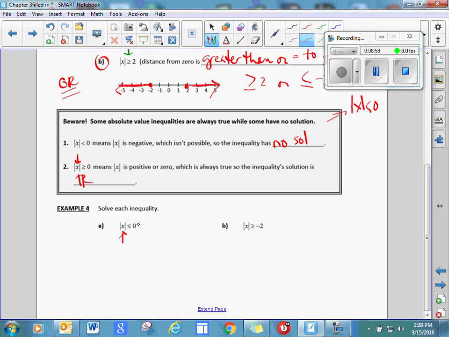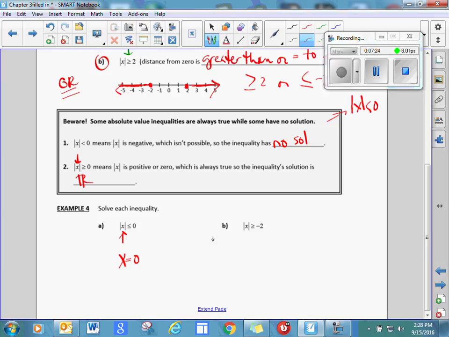Well, there's only one number that's going to work, because there are no numbers less than 0 that come out as a positive number. So x is equal to 0 is the only solution. Only 0 is less than or equal to 0. If you put in any other number in there, you've got a number that's larger than 0 because it's positive.